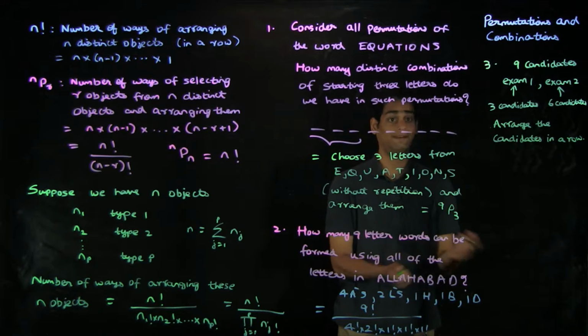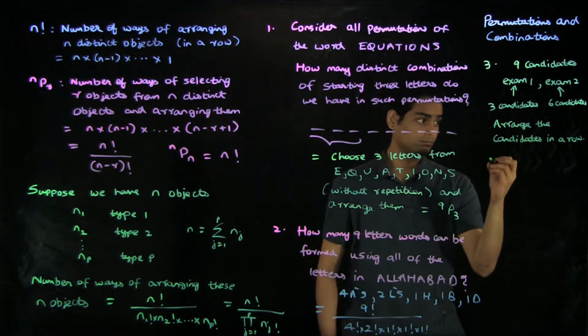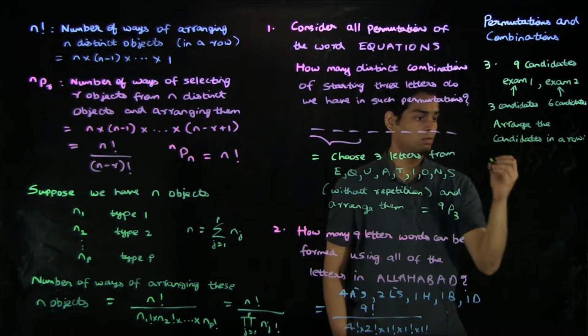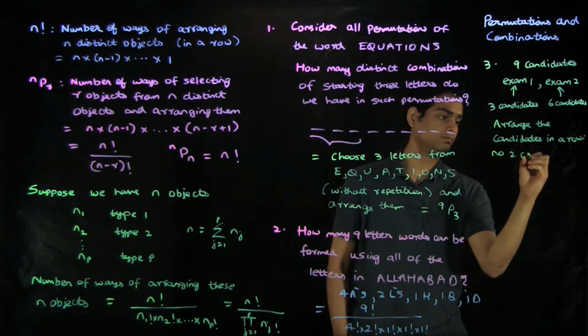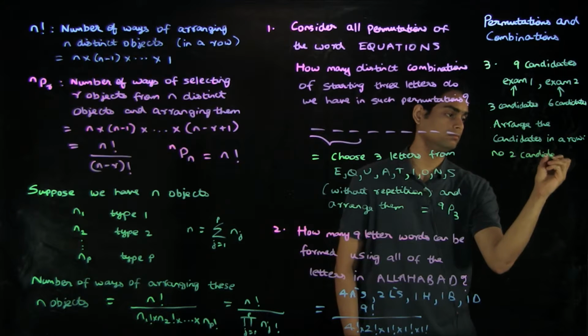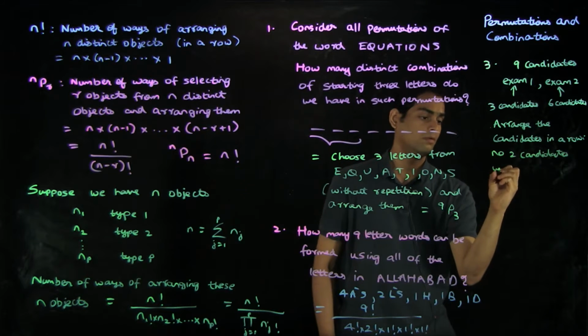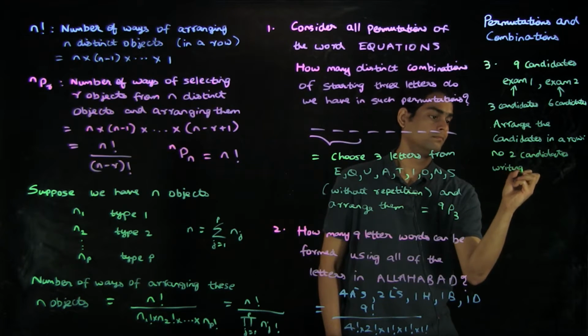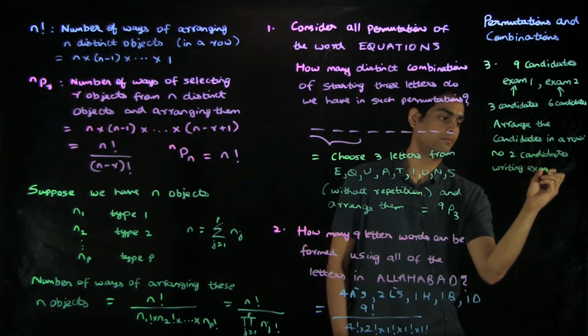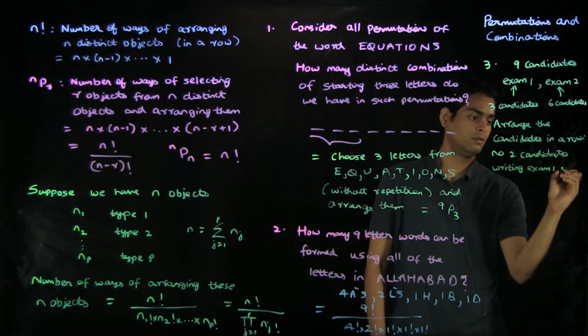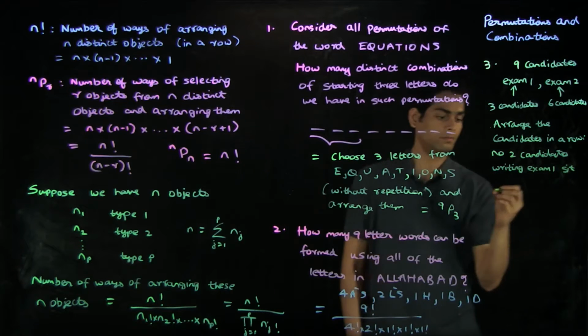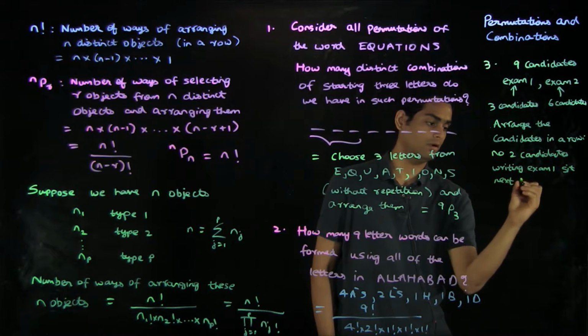So you want to arrange the candidates in a row such that no 2 candidates writing exam 1 sit next to each other.